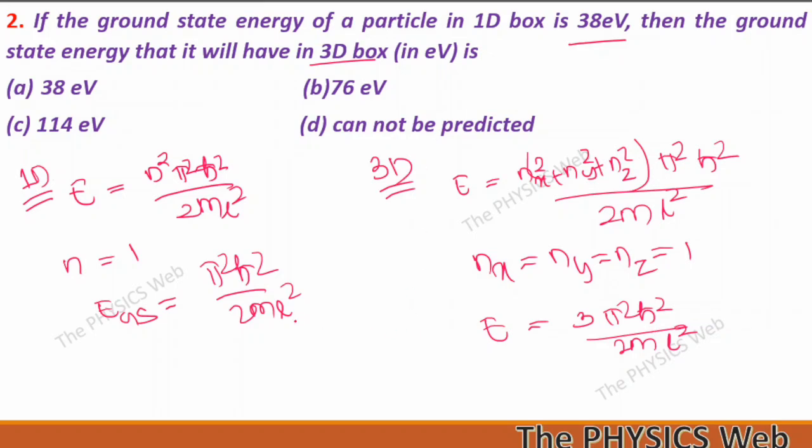So in 3D box, the energy in the ground state will be 3 times the energy in 1D box. Okay, so in 3D box, ground state energy will be 38 times 3. So this will be 114 electron volt. So C is your correct option.